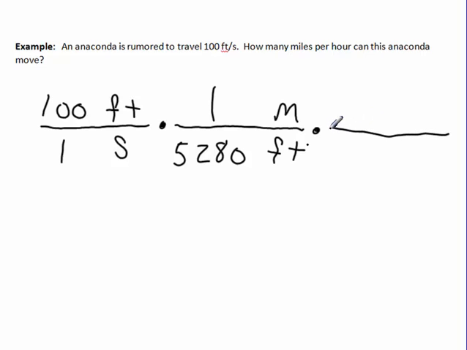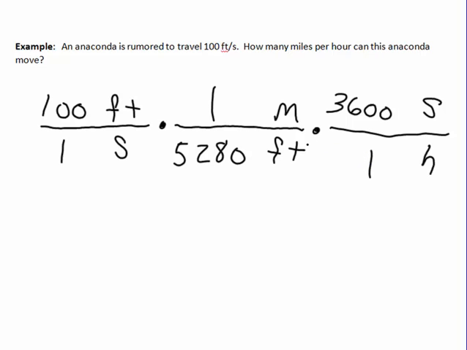And since seconds started in my denominator, I want to put seconds in my numerator. And I need to have hours in my denominator here. So how many seconds are in an hour? Well, I know there's 60 seconds for every minute, and there's 60 minutes in every hour, which means there's 3,600 seconds in every 1 hour.